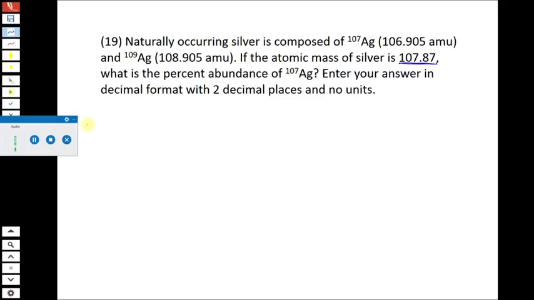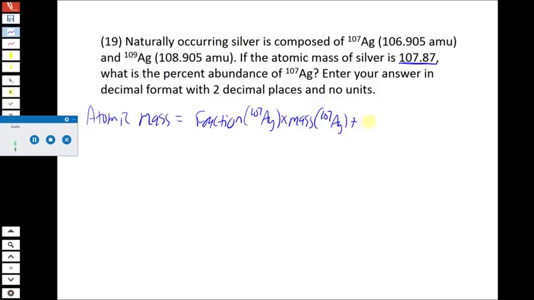So what that looks like mathematically is that the atomic mass is equal to the fractional abundance, or just the fraction of the first isotope, 107 in this case, times its mass, plus the fraction of the second isotope, 109, times its mass.